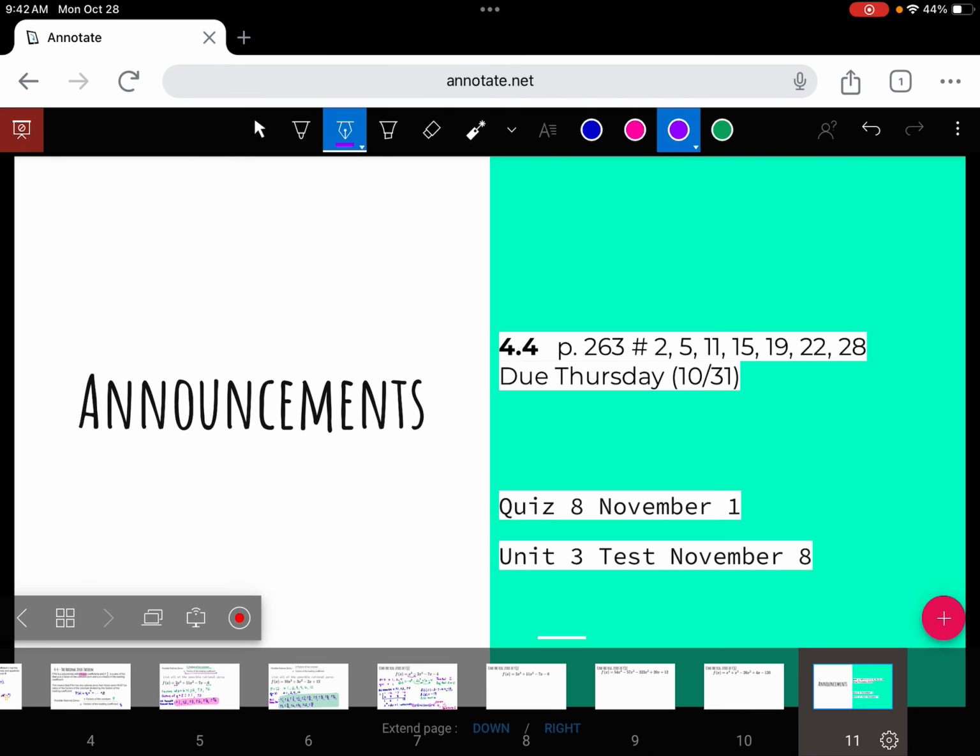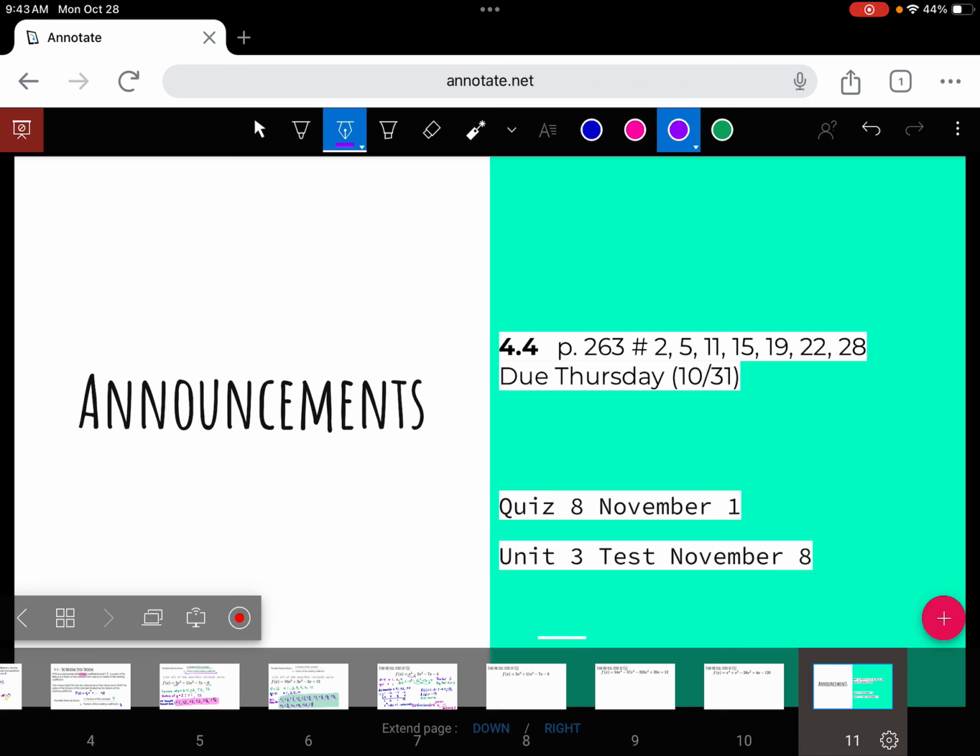So here is the information for 4.4. Think about our lists of all possible reals. Those lists are long. They're not super difficult because we're just taking lists of fractions, but they can get long. Are you going to take up the whole paper? How many sheets of paper am I going to use?